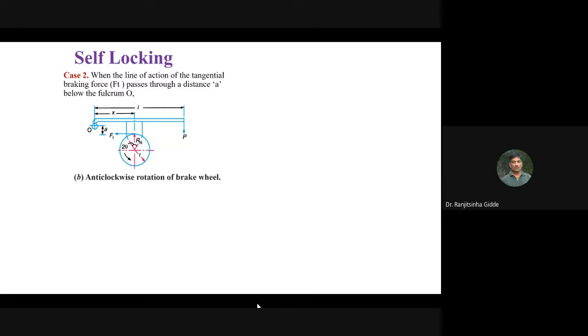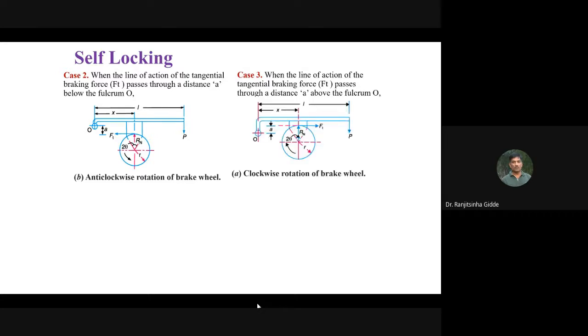Then case third, when the line of action of the tangential braking force Ft passes through a distance a above the fulcrum O, and here it is clockwise rotation of the brake wheel.